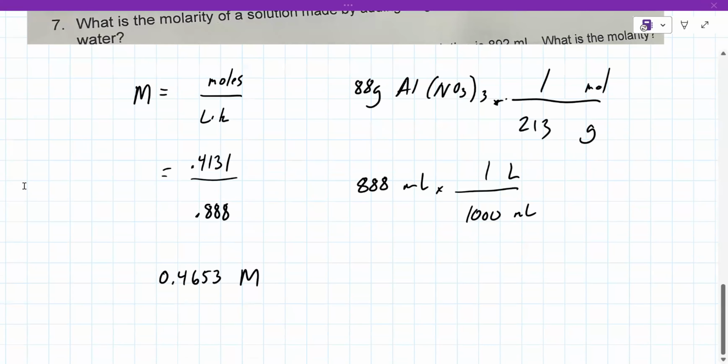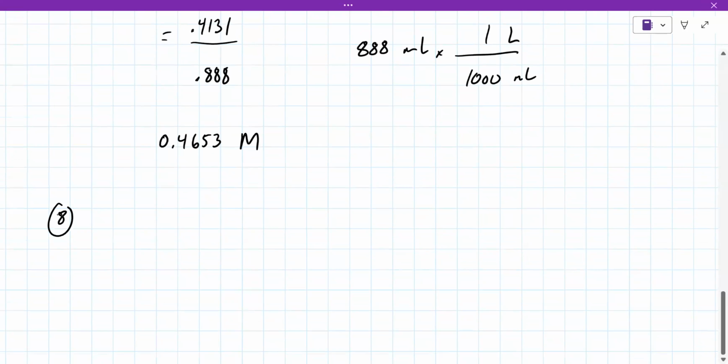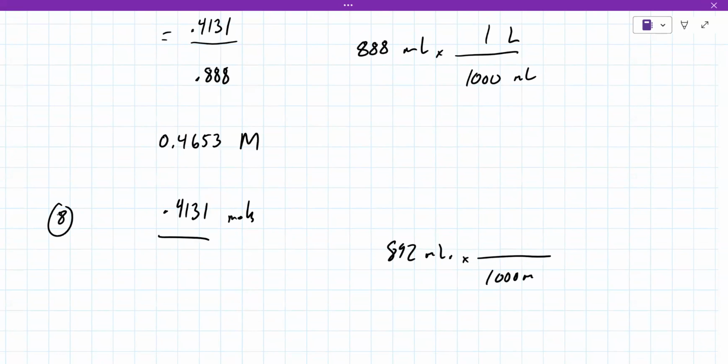So for number 8, you take the moles you just found, 0.4131 moles, and divide it by the 892 milliliters, with 1,000 milliliters on the bottom and 1 liter on top, so 0.892.